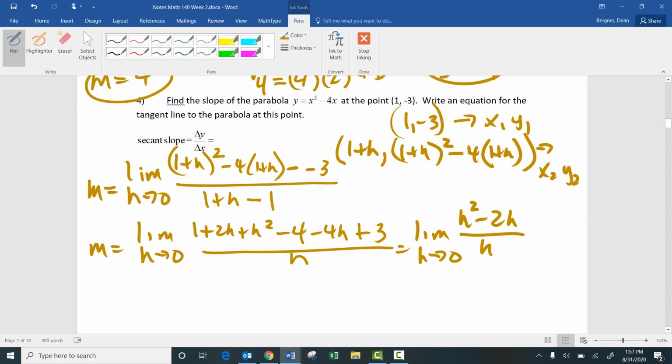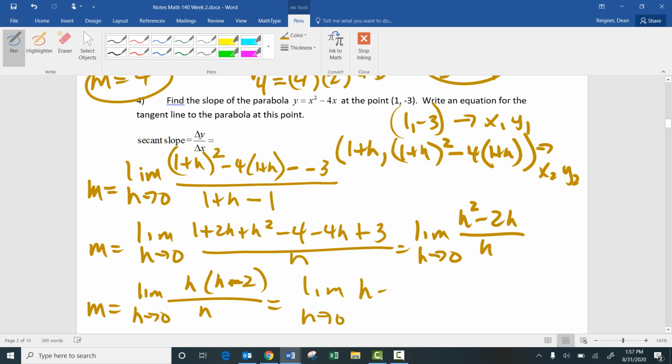Okay, so we're good. So you pull out, do the limit as h goes to 0, pull out an h, and you have h minus 2 over h. And we're almost done getting our slope. So h minus 2. As h goes to 0, you plug that in there, so you get negative 2.